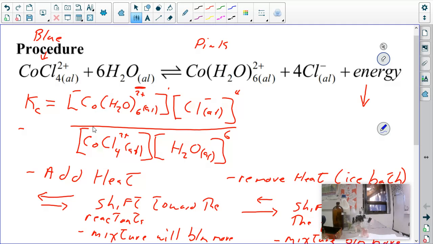Okay, so let's take a look at the system. Here we have our equilibrium. By adding sodium chloride, what we're doing is actually adding sodium ions, which isn't part of this system, but we are adding chloride ions to this. So we're adding products to this.